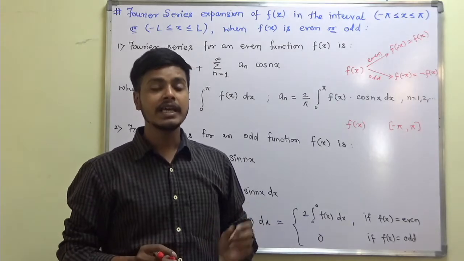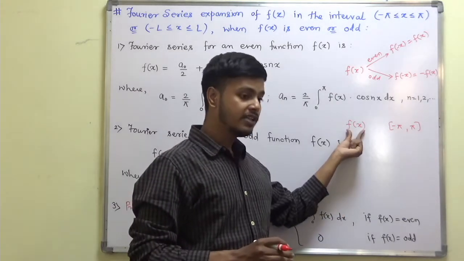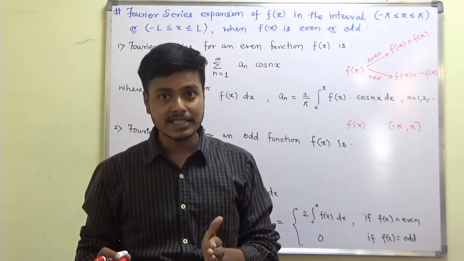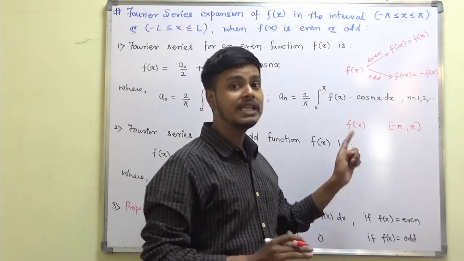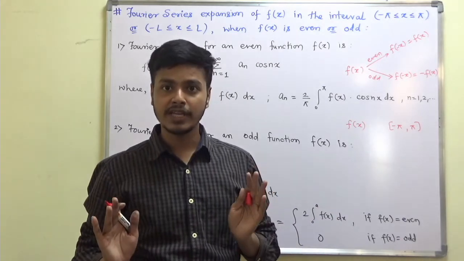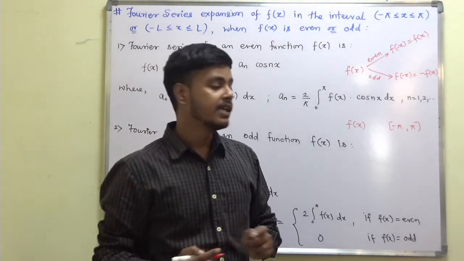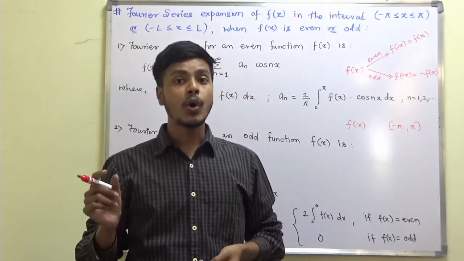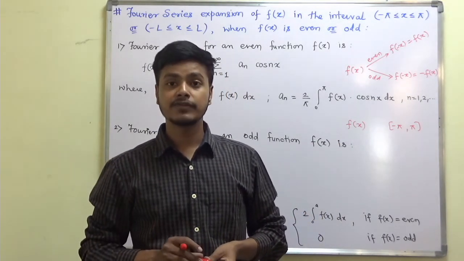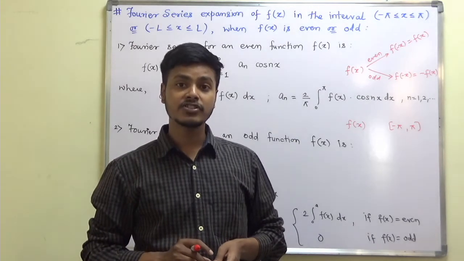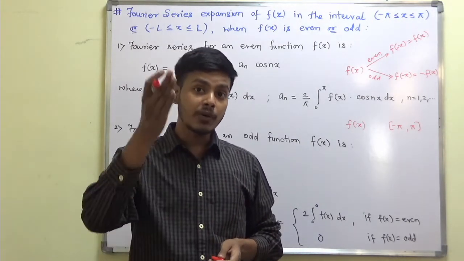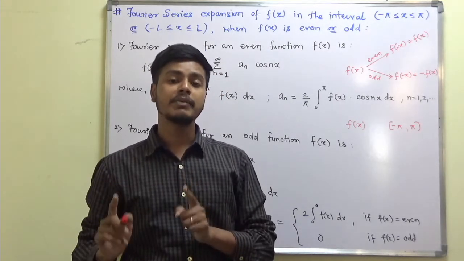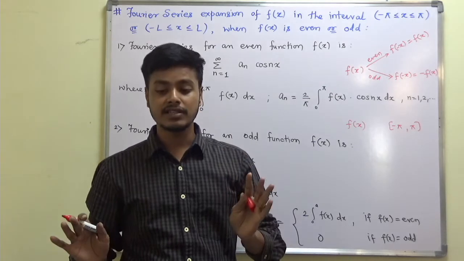I repeat, if the graph of the given function in the given interval is symmetric about the y-axis, then the function is said to be even. The second thing: the function in the given interval is said to be an odd function if its graph is symmetrical about the origin. Symmetrical about the origin, odd. Symmetrical about the y-axis, even. Simple.